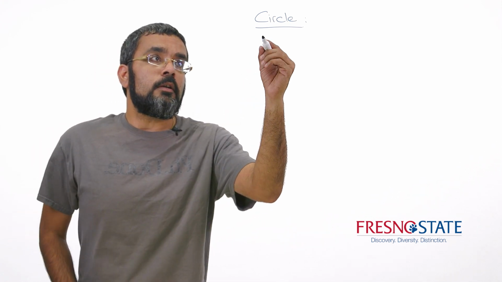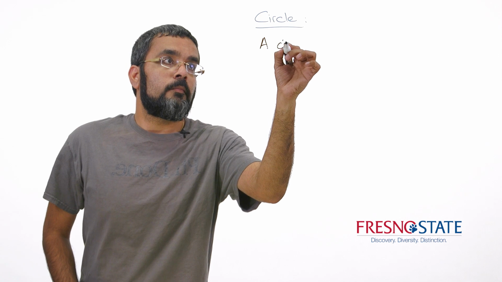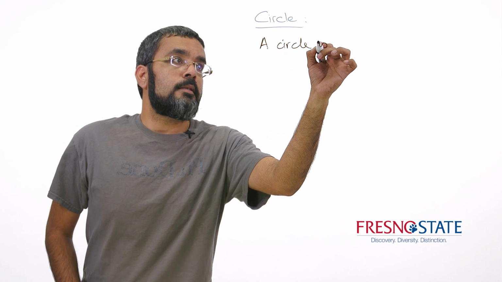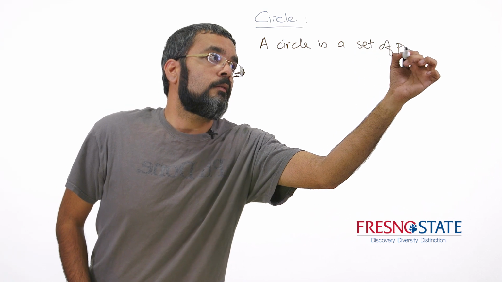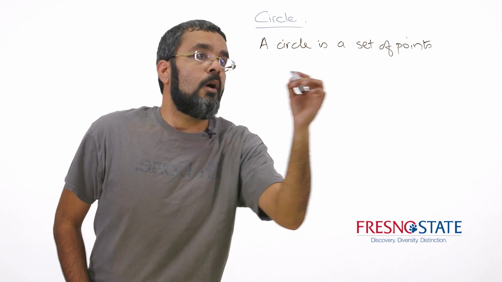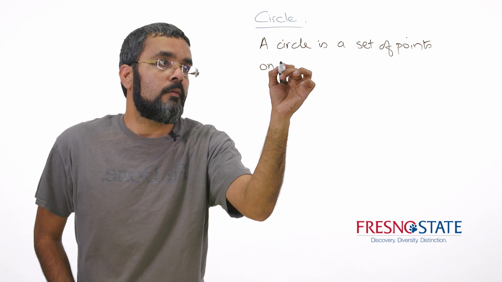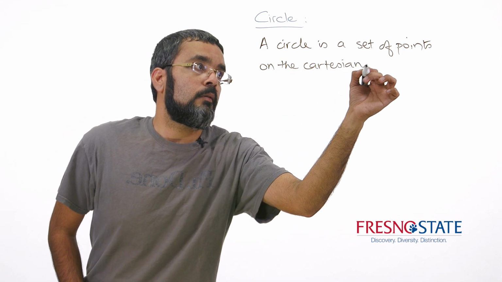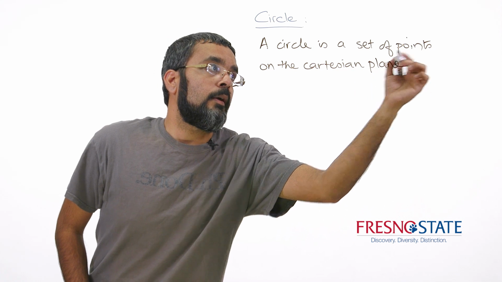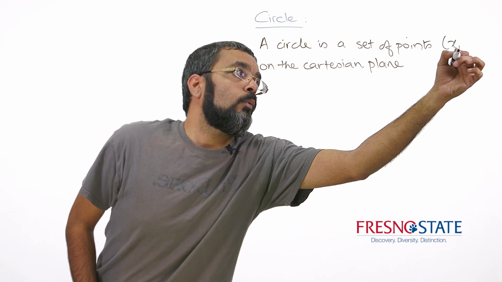So a circle is a set of points on the Cartesian plane, and let's call these points xy.